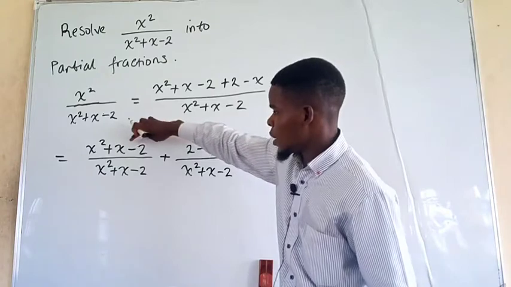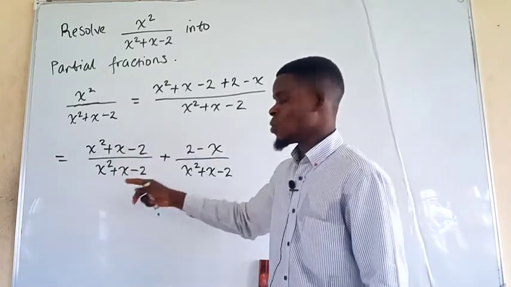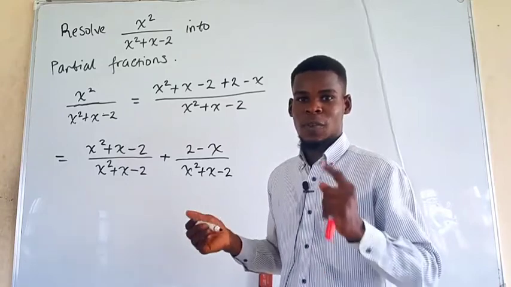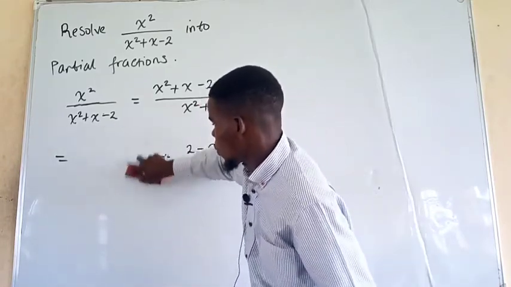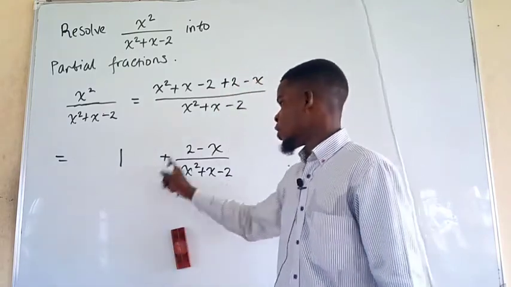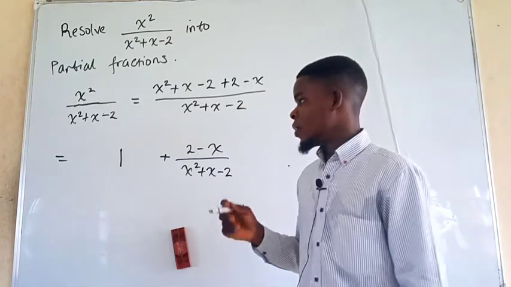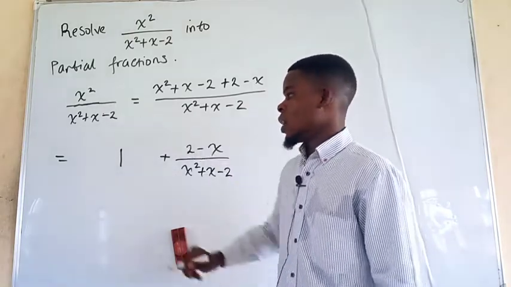Here we have this and this, they are the same. If you have the top and the bottom the same, the result of the fraction will give you 1. So in fact, everything here gives us 1. So I just put it down as 1. So we have 1 plus the whole of this. So this is a representation of that stuff there.